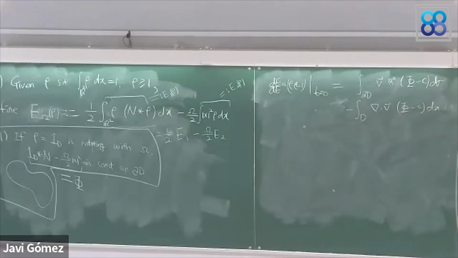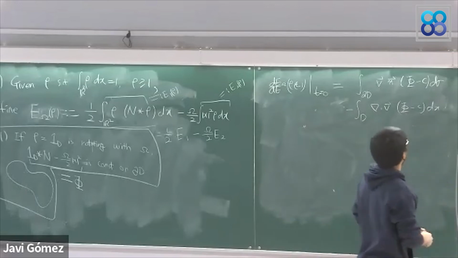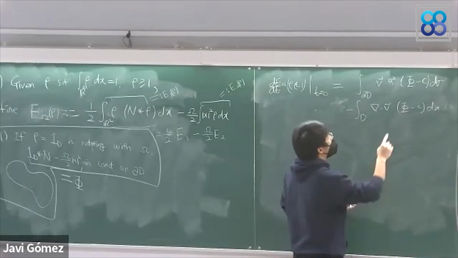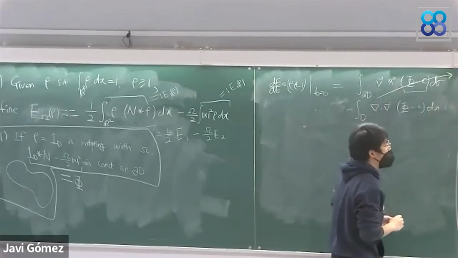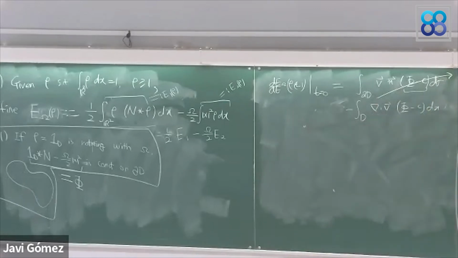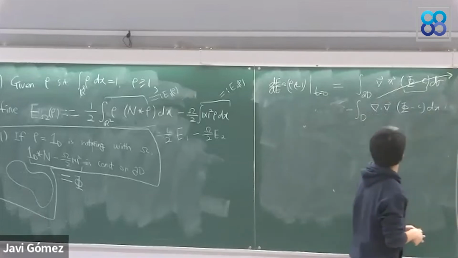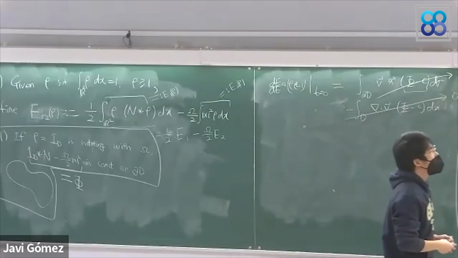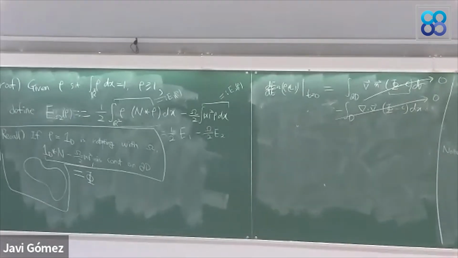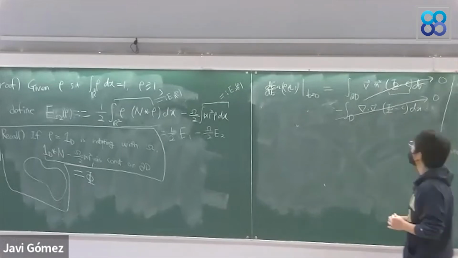I just copied what's in here to there because I'm not sure if you can see the blackboard because of the monitor. But we know that this phi is constant on the boundary, so this integral vanishes. And then another assumption that we are making here is that the V is divergence free, so this one goes to zero, and actually we obtain this claim here. So we are good. Right?